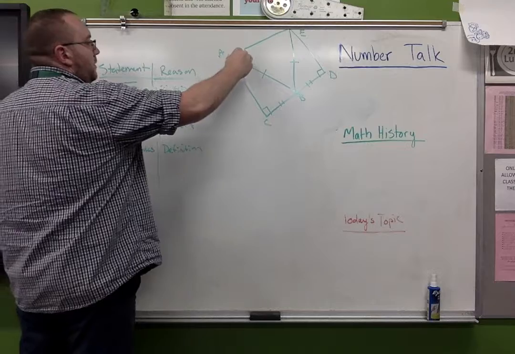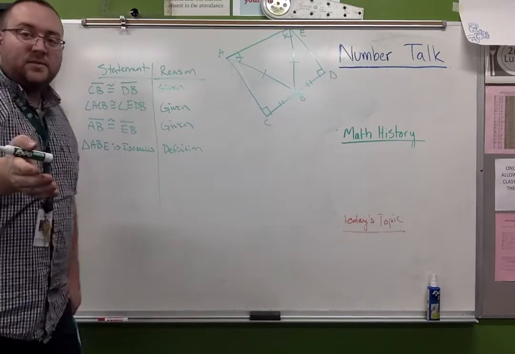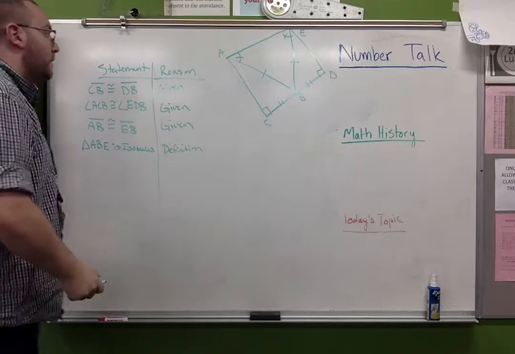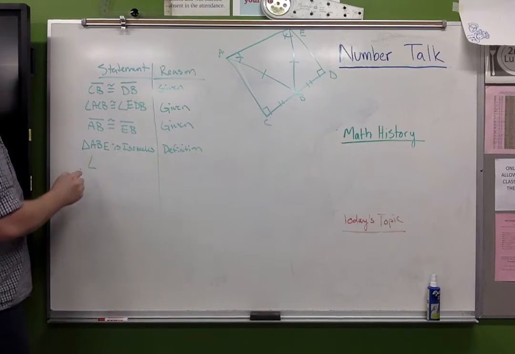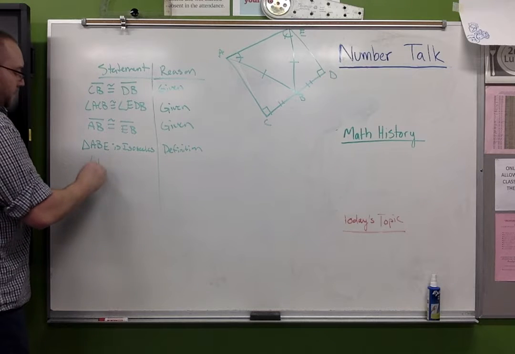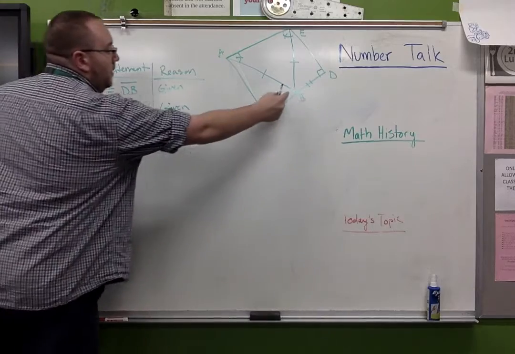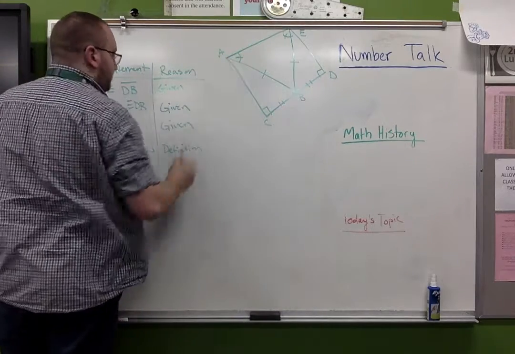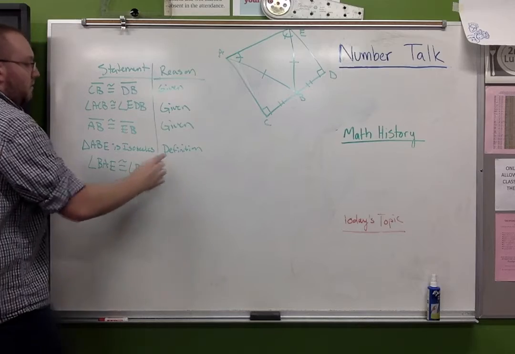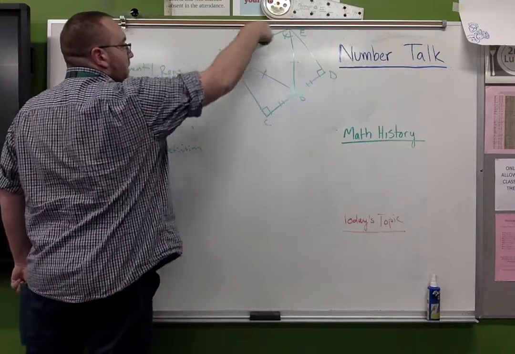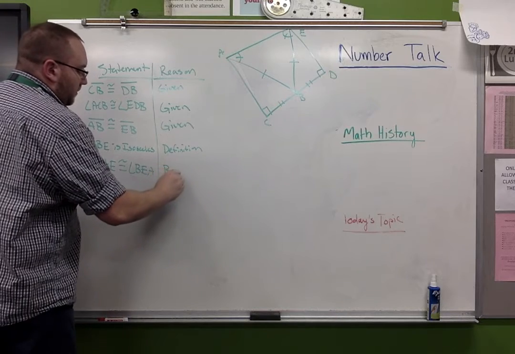Thus, this angle here and this angle here are congruent because of the base angles theorem. We just proved it, right? So let's see here. Angle BAE is congruent to angle BEA, by base angles theorem.